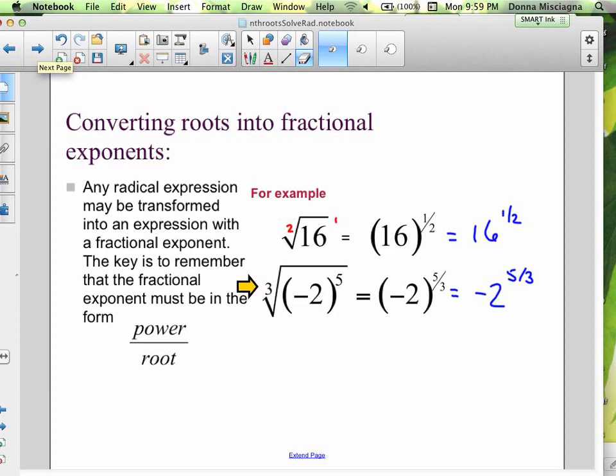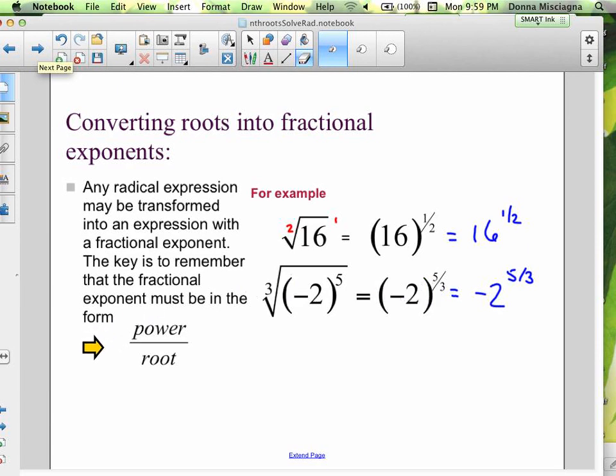Here we have the cube root of negative 2 to the 5th power. That could be rewritten as negative 2 to the 5/3 power. In this case, it won't matter if the parentheses are on or not, because your exponent is odd and your index is odd.